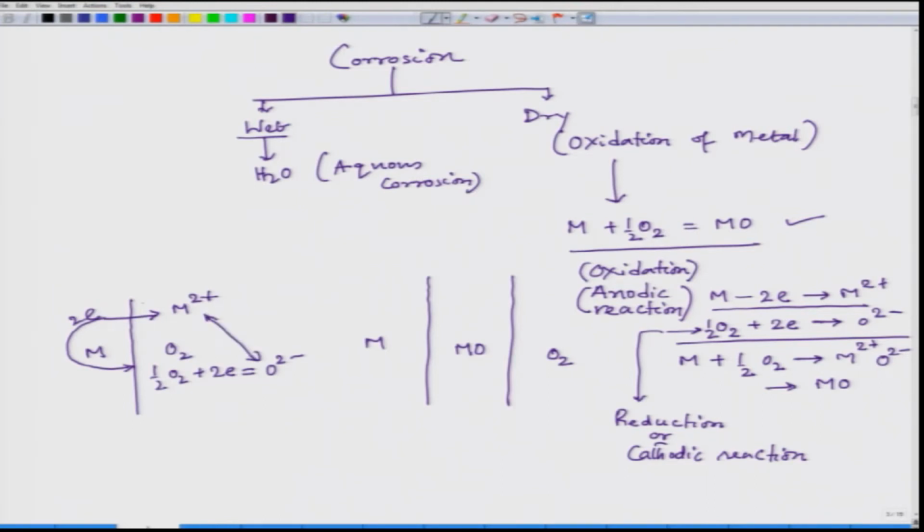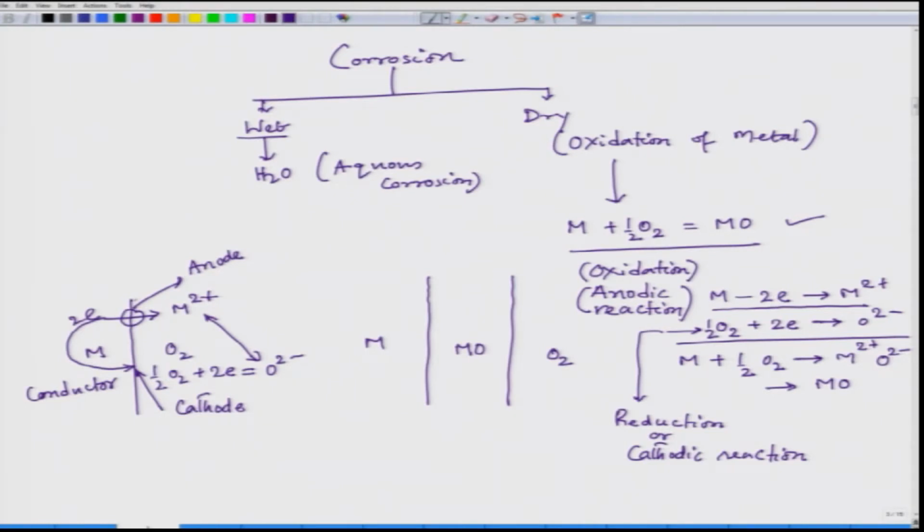Now, you see this part acts as the anode, one electrode, this part acts as the cathode, the second electrode, and this is the conductor. When these two reactions, these are called half cell reactions, are taking place, finally M2+ and O2- combine and form metal oxide.